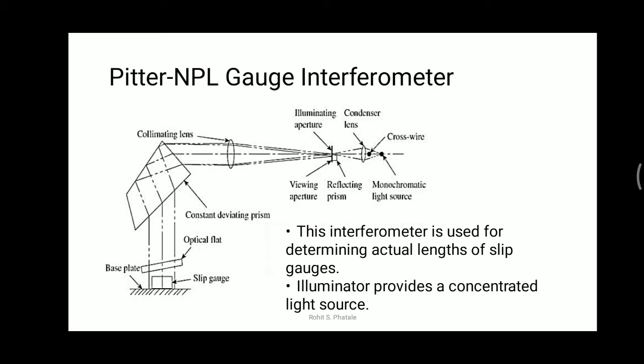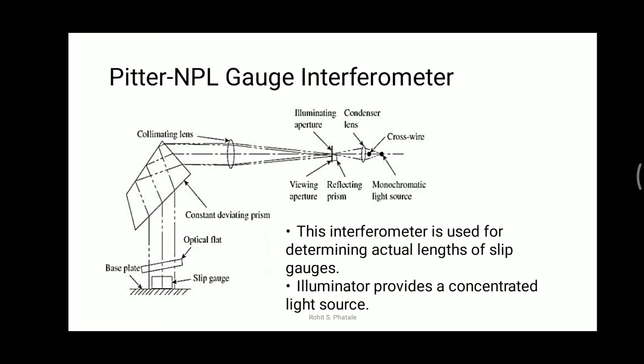This provides a concentrated light source, and hence a parallel beam of light falls on the constant deviation prism. After passing from the illuminating aperture, the light falls on the collimating lens, which collectively gathers the light, and it then falls on this constant deviation prism.